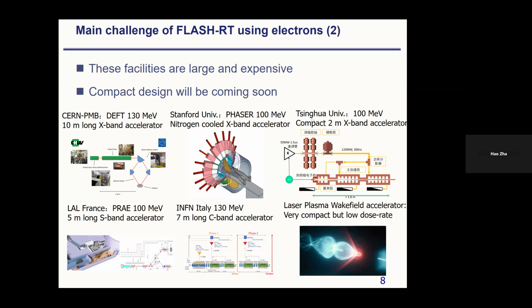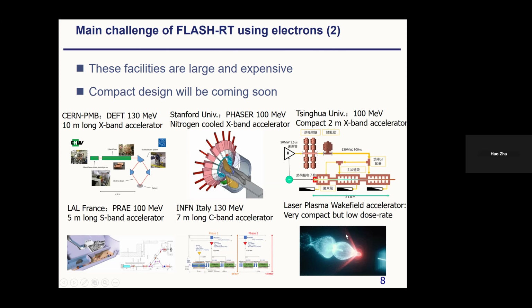At Tsinghua University, our colleagues are working on a very compact design. It is only 2 meters long and can generate 100 MeV. There are also other groups, for example, in France and Italy. They use existing facilities to build VHE applications. And also, there is a new concept of laser plasma wakefield acceleration.